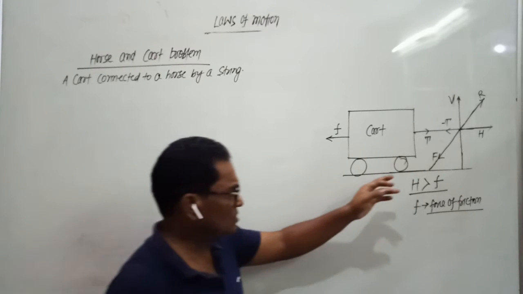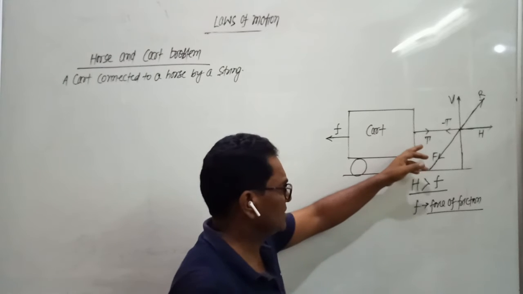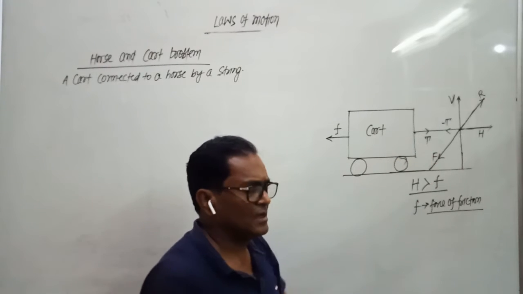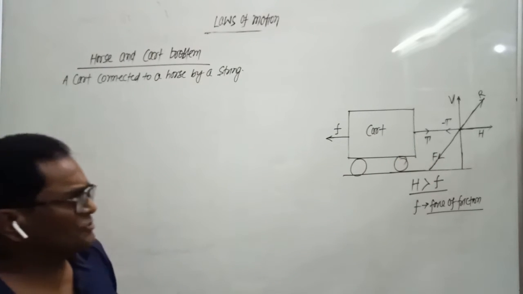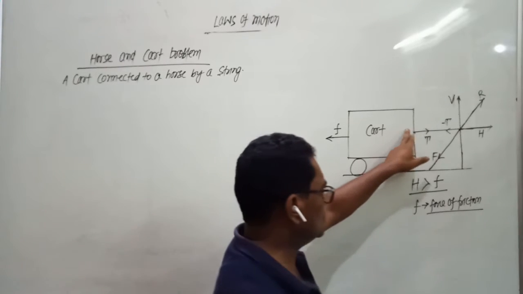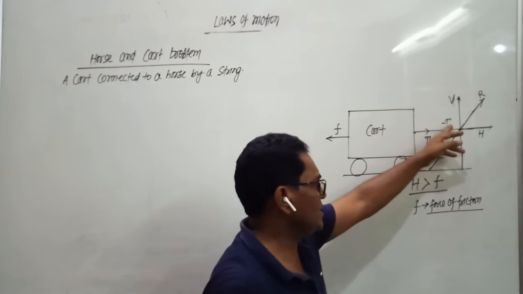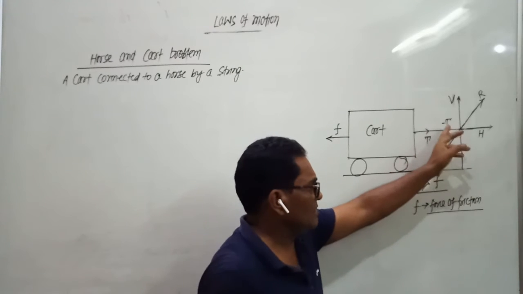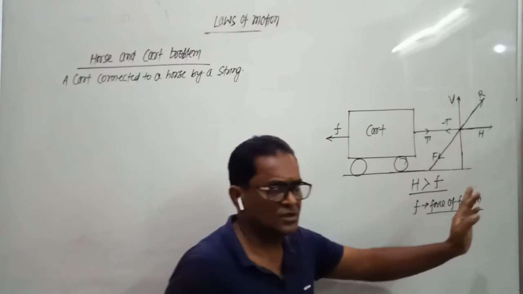The horse produces tension T on the cart in the forward direction, and the cart pulls the horse by an equal force T. The minus sign only shows the direction.